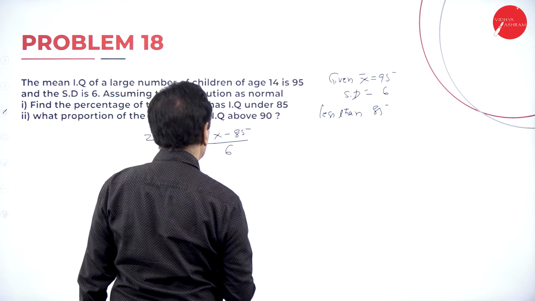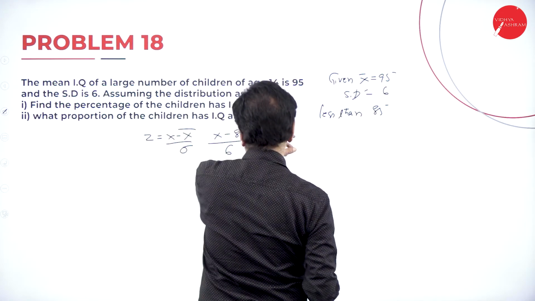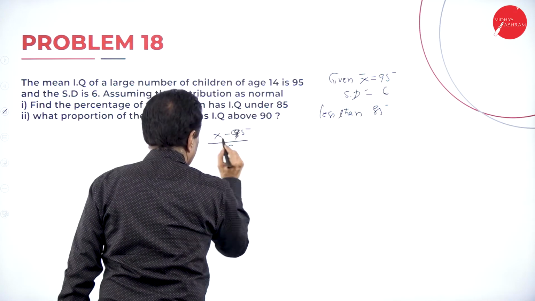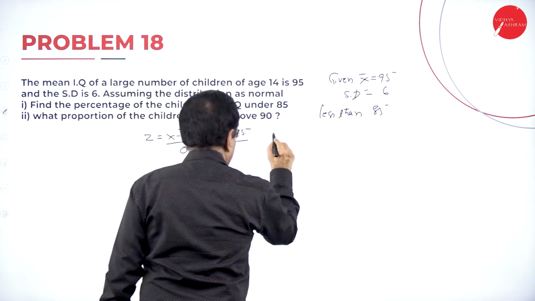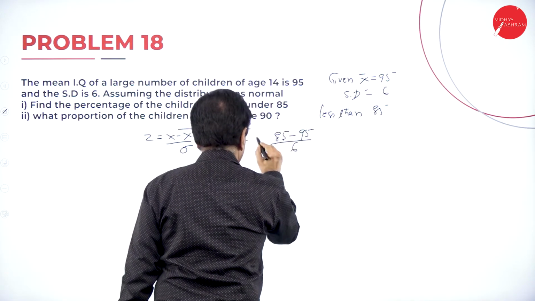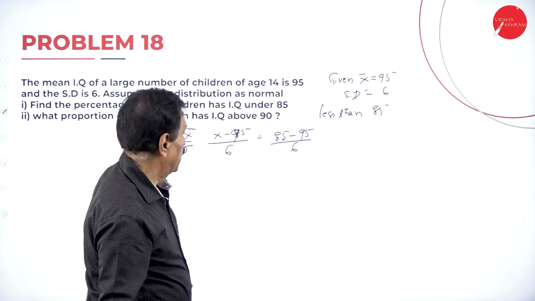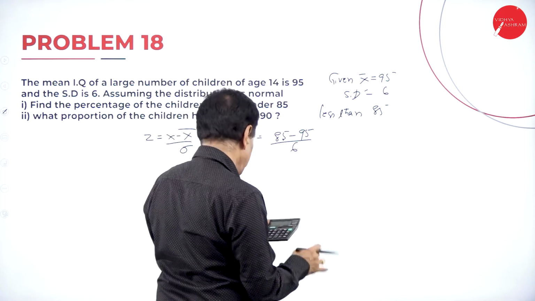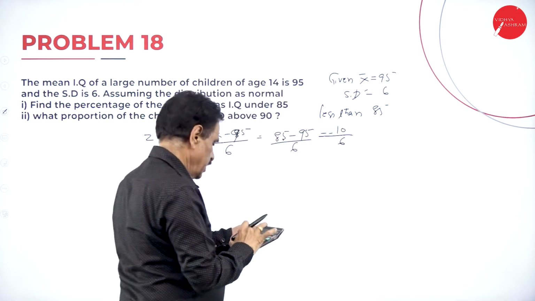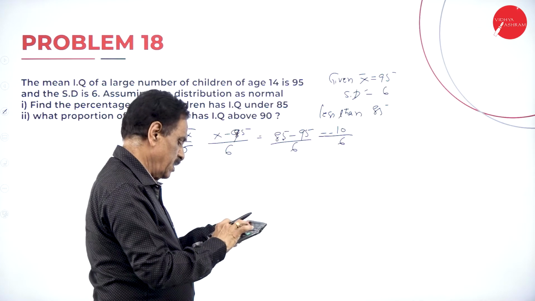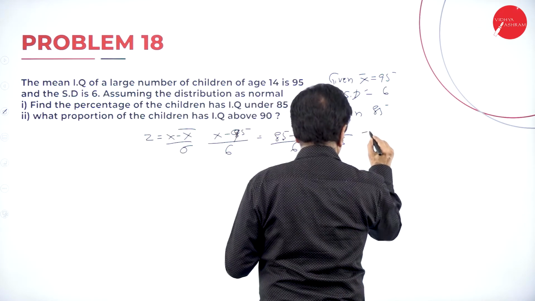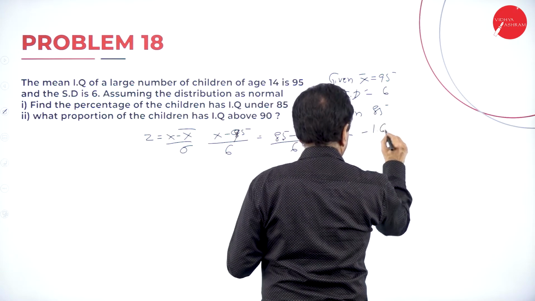So what is your x value? Under 85, your mean is 95. So 85 minus 95 divided by 6. 85 minus 95 is minus 10, divided by 6, that is minus 1.67.